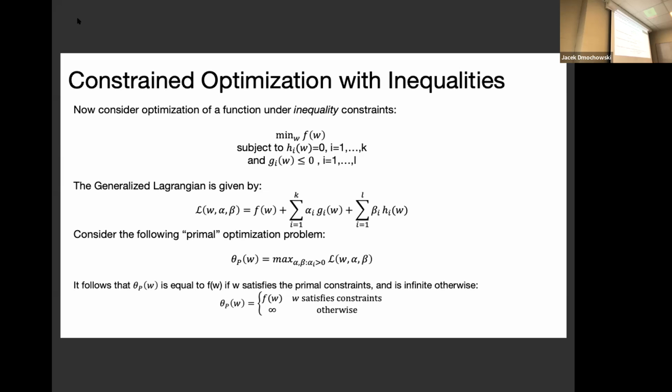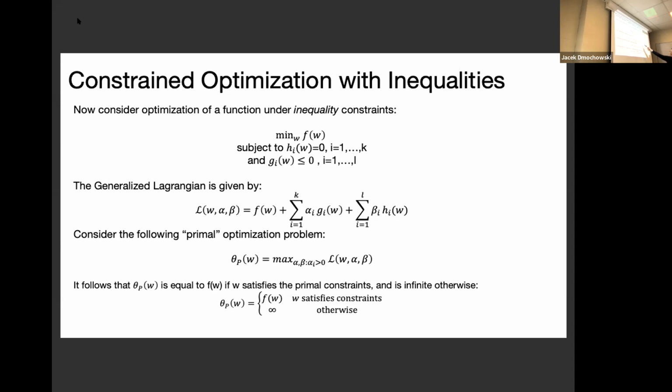If you think about what that does, look at h. If W satisfies your constraints, then this evaluates to 0, and no matter what value you choose for beta, this thing is going to stay 0.